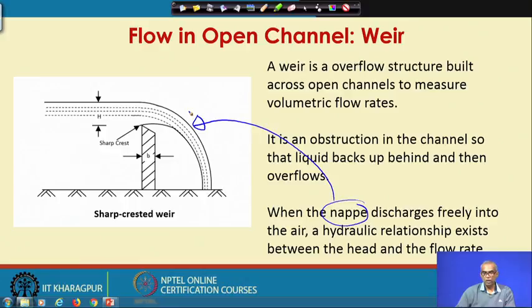So, when the nappe discharges freely into the air, a hydraulic relationship exists between the head and the flow rate. We can measure the head, this is a pressure head we can measure, and then since there is a relationship that exists between the head and the flow rate, I can measure the flow rate.